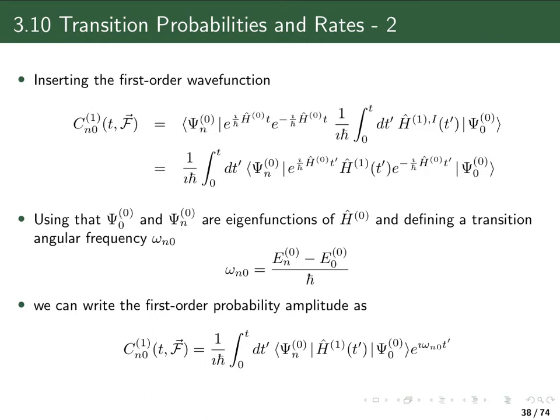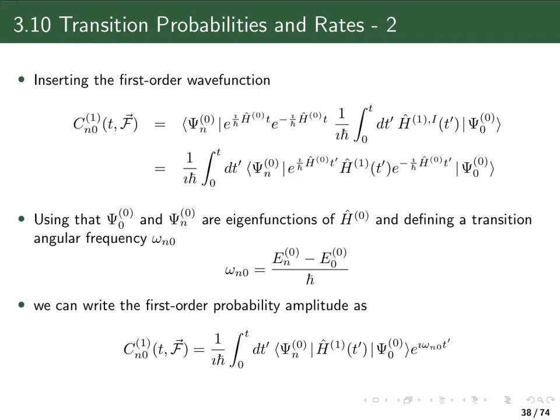And in going from the first line to the second line, please note, this is the perturbation Hamiltonian in the interaction picture, or Dirac representation. Here I have written it explicitly out.